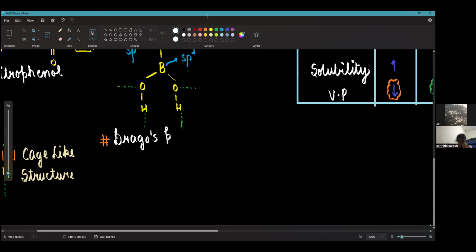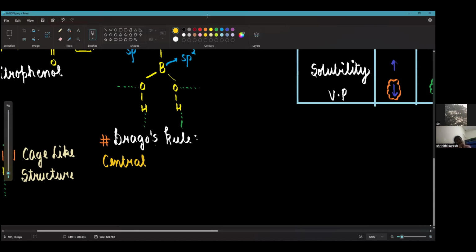It's a very simple rule which says that if the central atom belongs to the third period and beyond, and the electronegativity of the side atom is 2.1 or less than that. So when does Drago's rule get triggered?